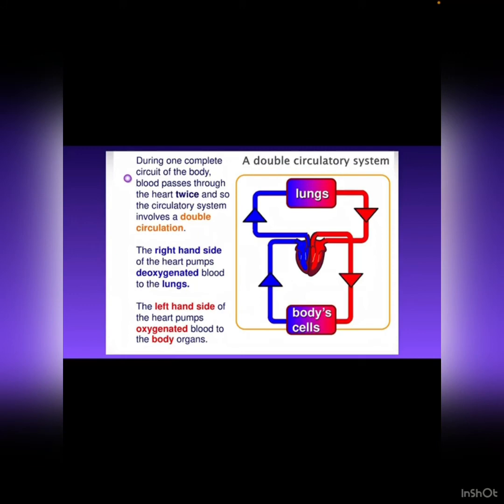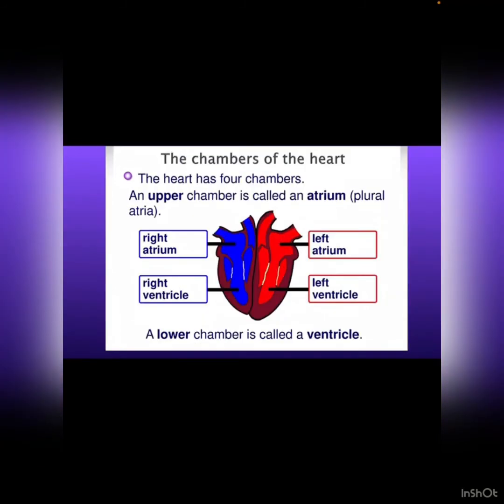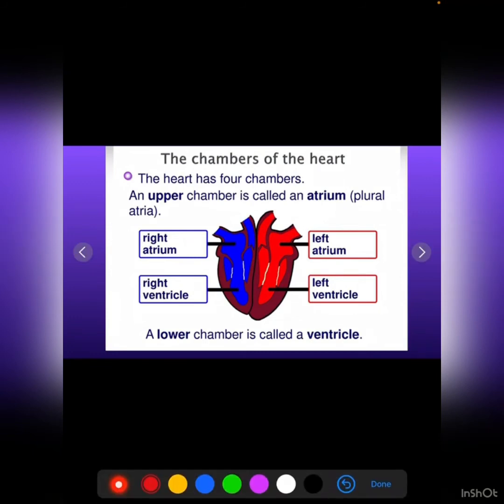The right side of the heart pumps deoxygenated blood to the lungs, and the left side of the heart pumps oxygenated blood to the organs. Heart has four chambers. Upper chambers are called atrium and lower chambers are called ventricle.